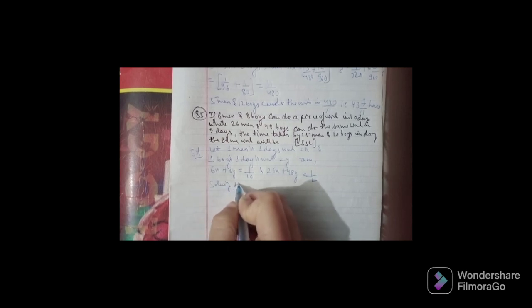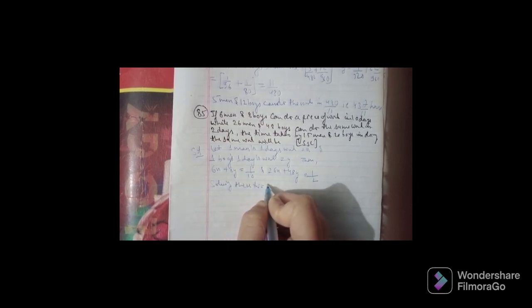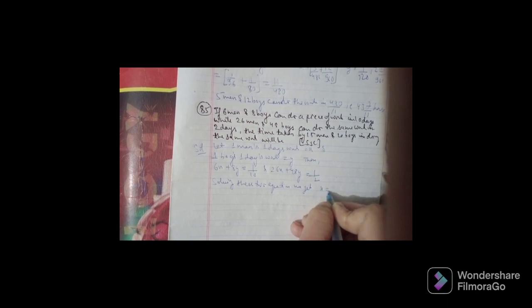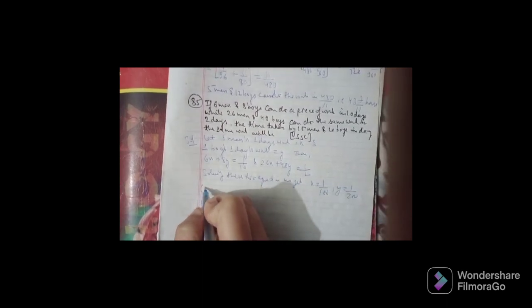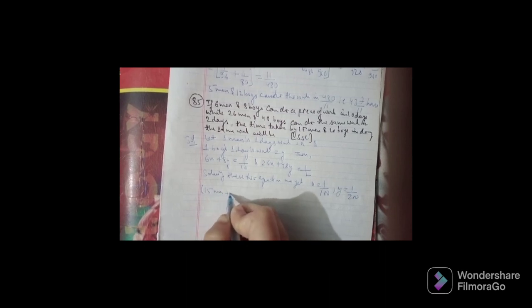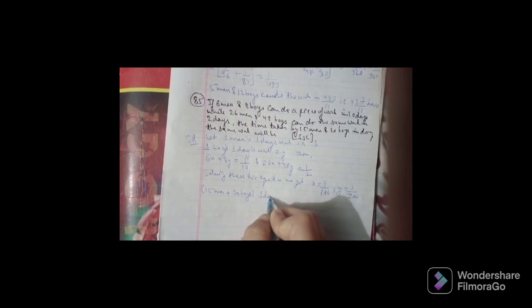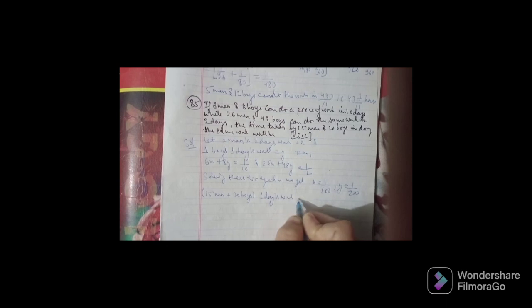Solving these two equations, we get x equals 1 upon 100 and y equals 1 upon 200. 15 men plus 20 boys, 1 day's work equals 15 upon 100 plus 20 upon 200 equals 1 upon 4.